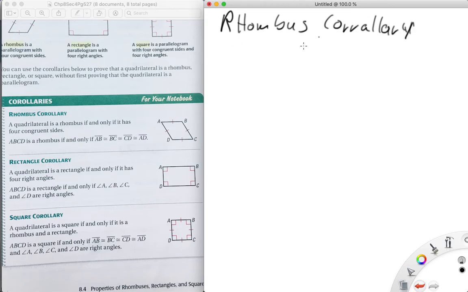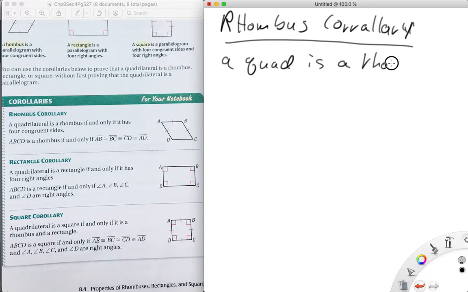The rhombus corollary, rectangle corollary, and square corollary are basically the definitions. A quad is a rhombus if and only if it has 4 congruent sides. I'll draw the 3 lines for if and only if.